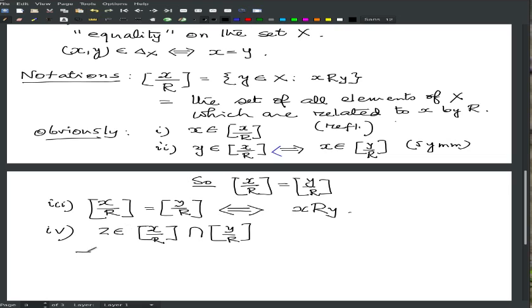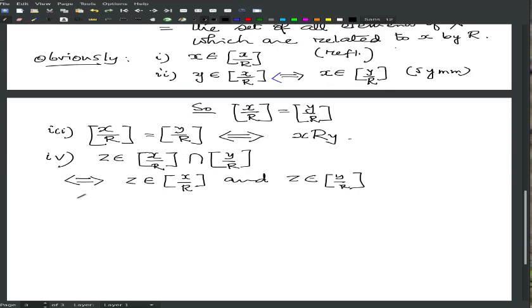So this means that z is in this and z is in here. So this therefore means that z is related to x and z is related to y.